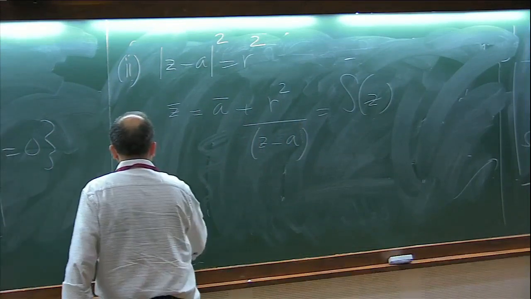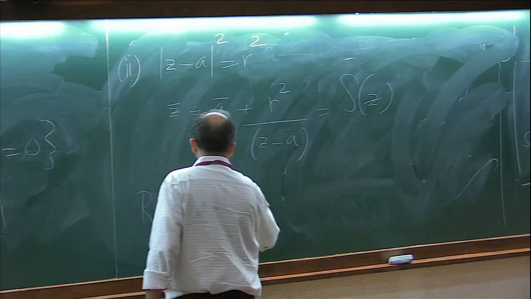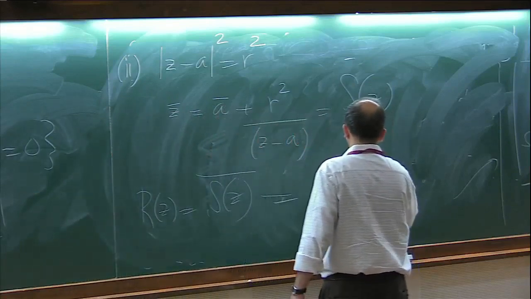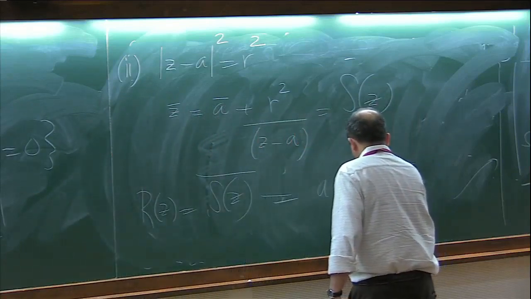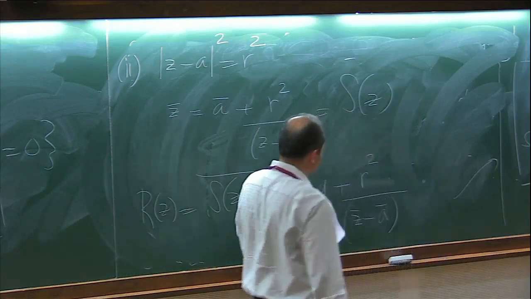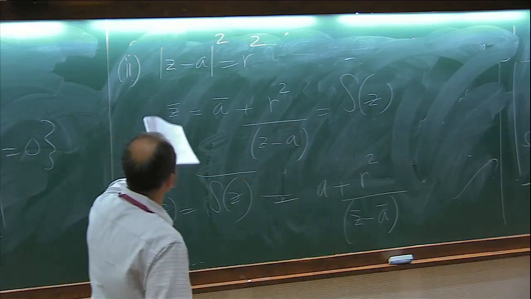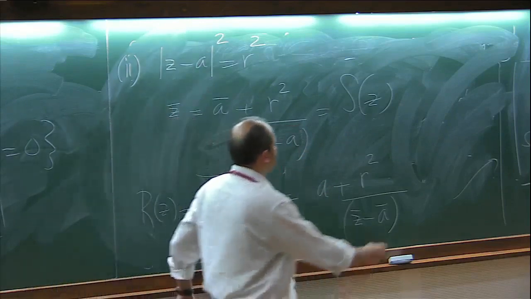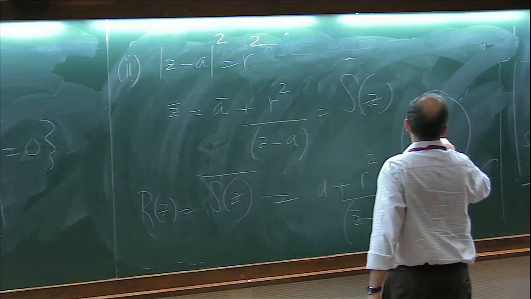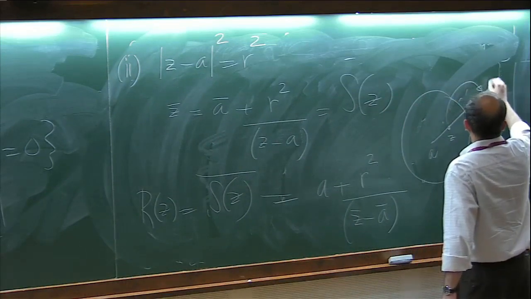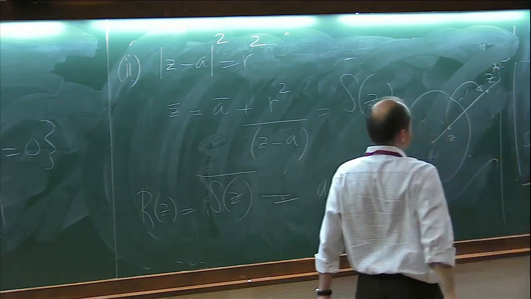And R of z, which is the conjugate of S, is by definition a plus r squared over z bar minus a bar. And this everybody will recognize as the reflection in this given circle here. That's your reflection.